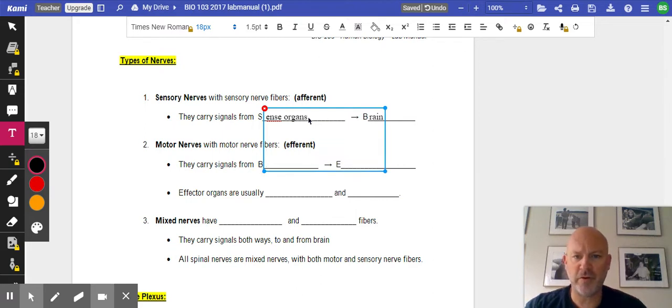Where the motor nerves carry signals from the brain to the effectors. The effectors are either muscles or glands, and I'm not going to write that there because that's our next question.